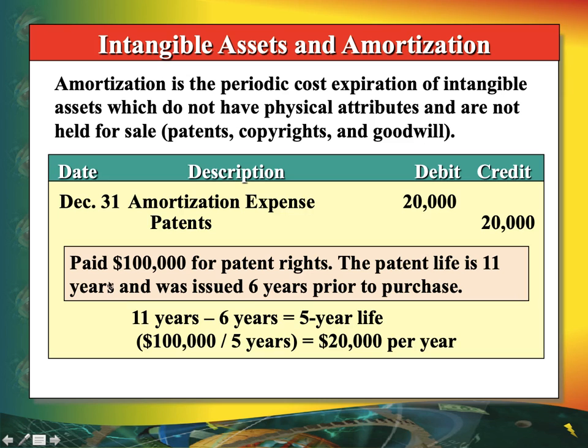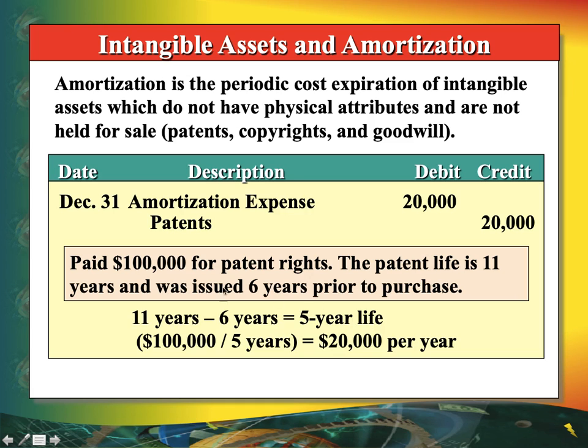So, you guys paid $100,000 for a patent right. The patent life is 11 years and it was issued 6 years prior to purchase. Okay, so all you have to do is deduct 11 years minus 6 years and it becomes 5 years of life.